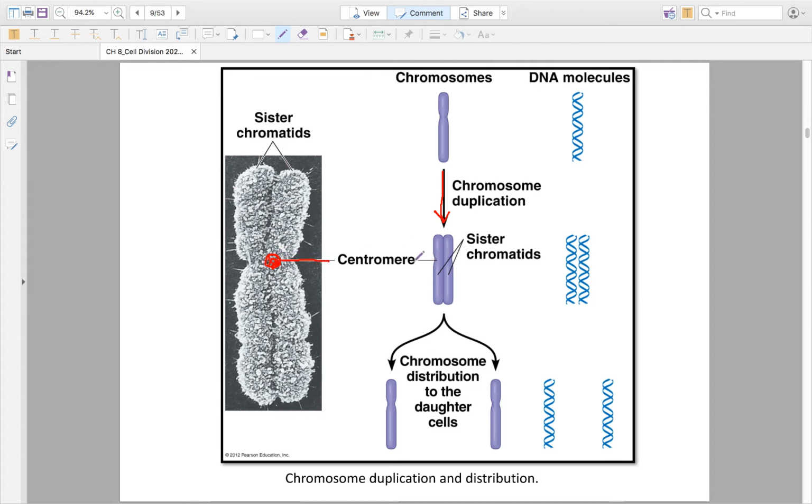Now they're referred to as sister chromatids. You want to know that term because you're going to see it quite a bit. For a time, the sister chromatids will be held together by a centromere, and then at some point they will be distributed to two daughter cells. All right, so that's that.